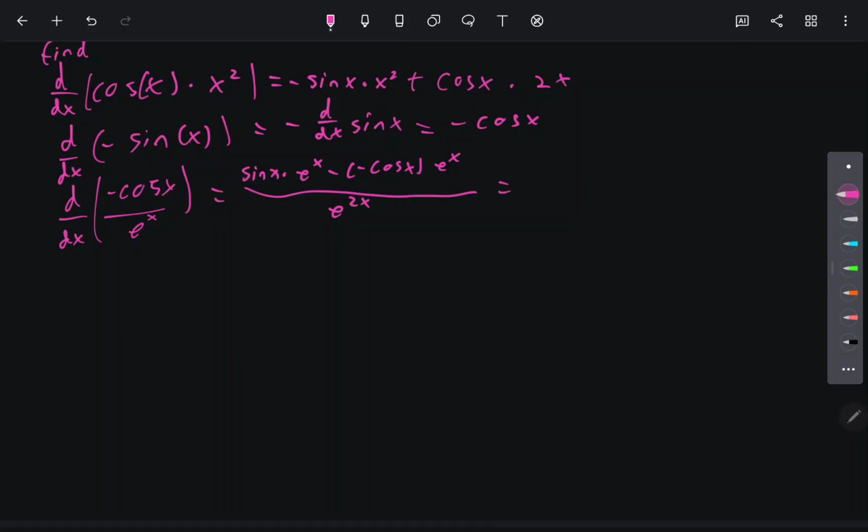After some simplification, we'll get that this is going to be sine of x plus cosine of x all over e to the x. As this, that cancels, and then this negative makes that a positive.